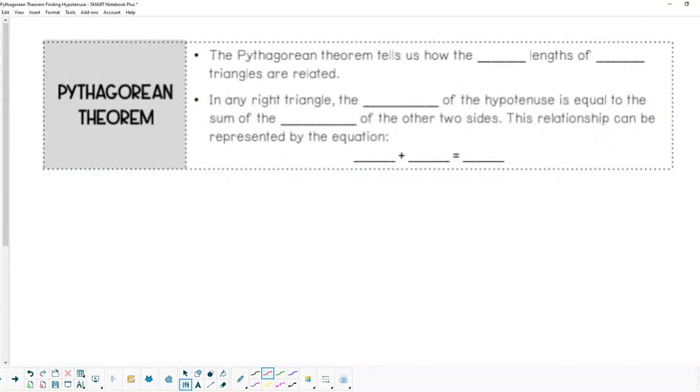Okay, now what is the Pythagorean theorem specifically? The Pythagorean theorem tells us how the side lengths of right triangles are related. In any right triangle, the square of the hypotenuse is equal to the sum of the squares of the other two sides. This relationship can be represented by this equation: A squared plus B squared equals C squared.